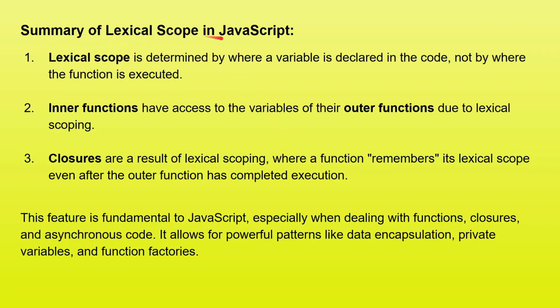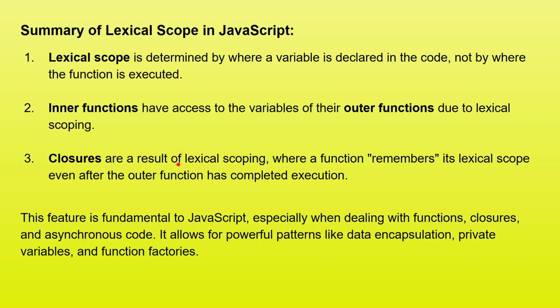Summary of lexical scope in JavaScript. Lexical scope is determined by where a variable is declared in the code, not by where the function is executed. Inner functions have access to the variables of their outer functions due to lexical scoping.